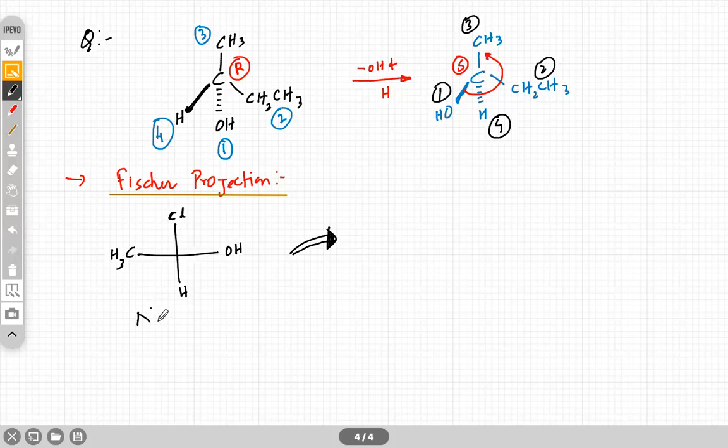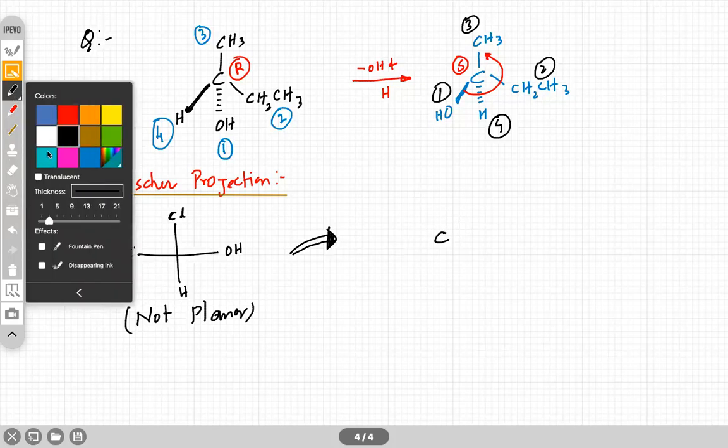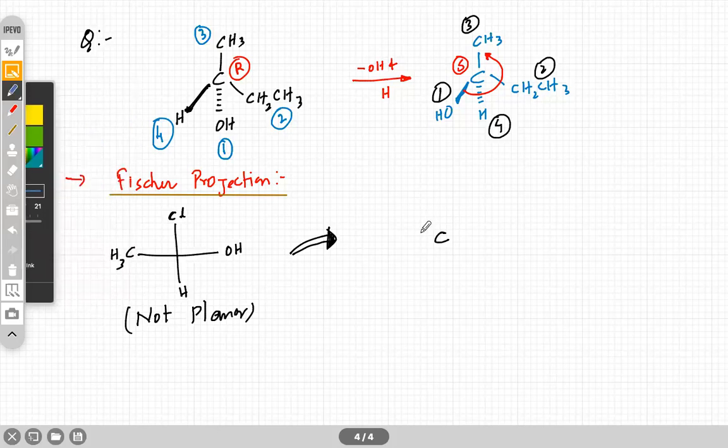Always keep that in mind. The horizontal line is coming out of the plane. The actual thing, if you draw, this is the carbon atom here, and the horizontal bonds are coming out of the plane. So it is something like this.